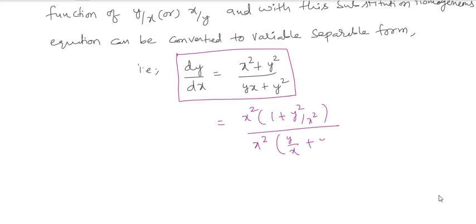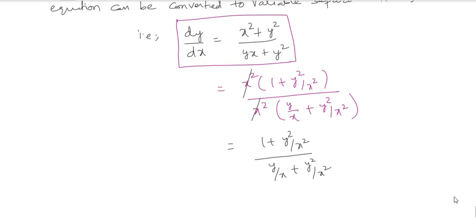Then similarly y square by x square. You can take y square also common, but I am just taking this. So this x square will get cancelled. The rest is 1 plus y square by x square divided by y by x plus y square by x square.